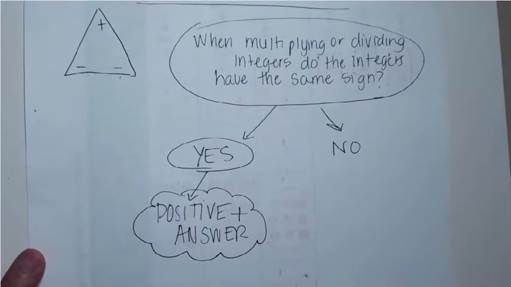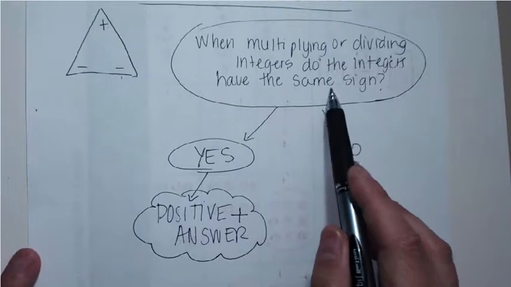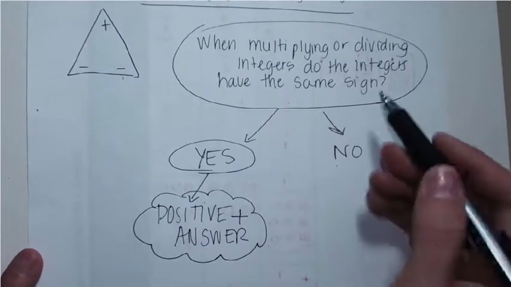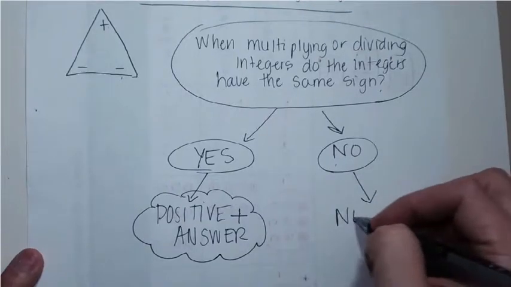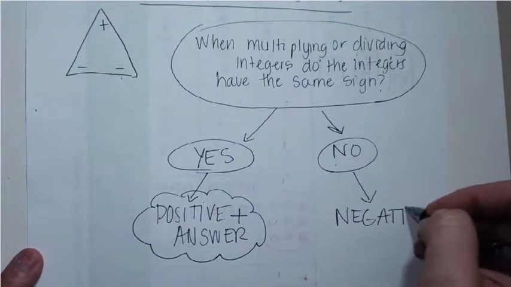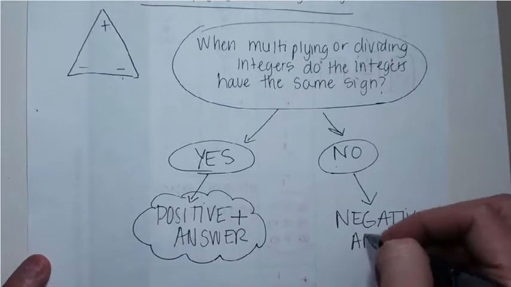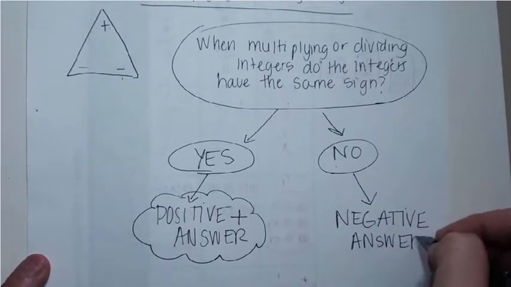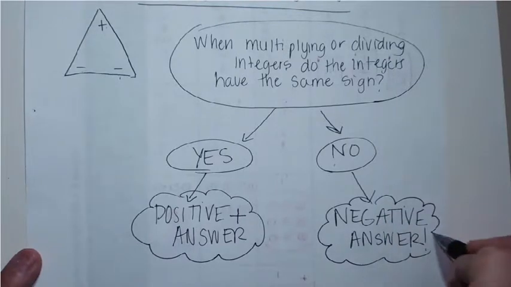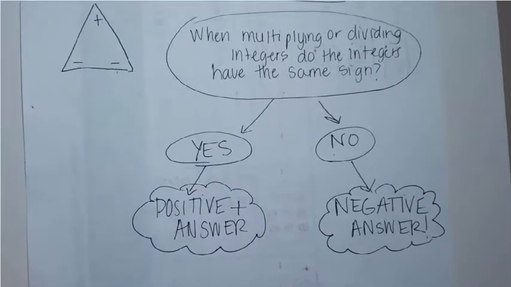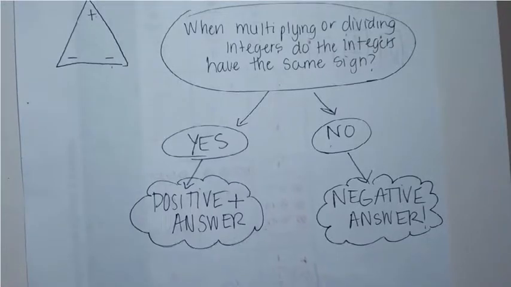If the integers do not have the same sign, so one's a positive and one's a negative, then you are going to have a negative answer. So we're taking all the thinking out of it for you. You just need to be able to do the division.